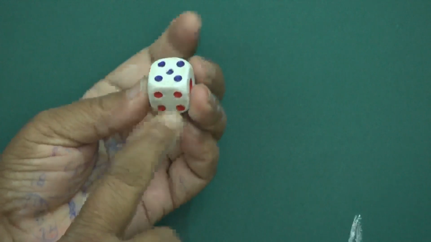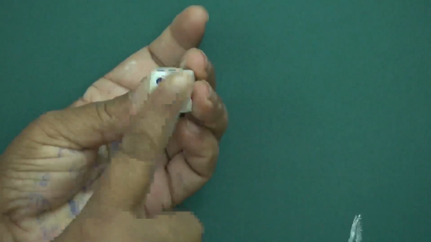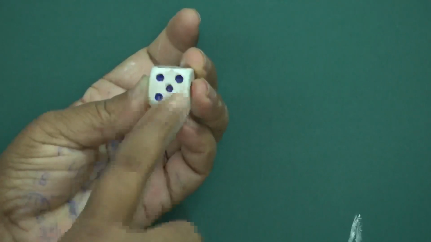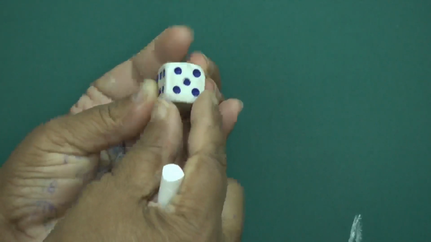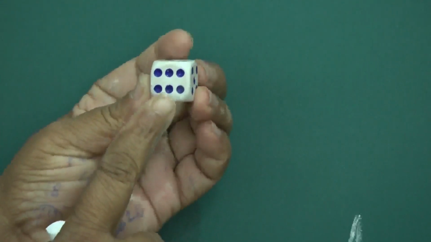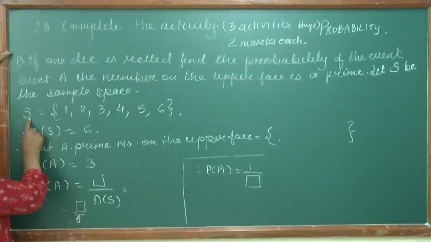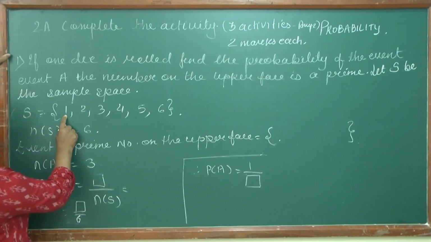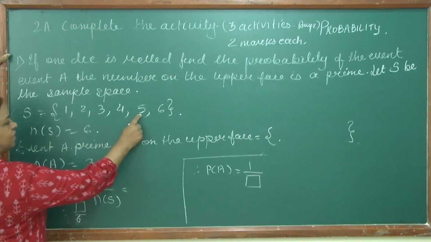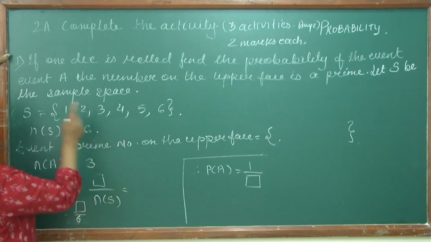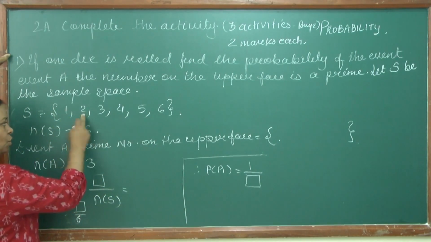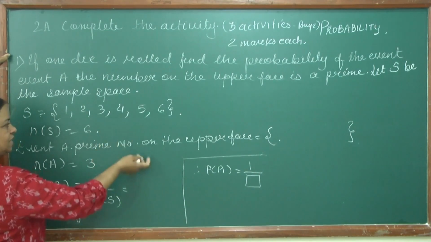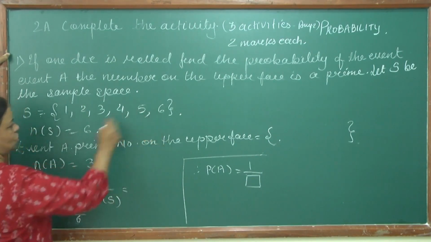Then the fifth face where there are 5 dots, and this is the face where there are 6 dots. So the sample space is 1, 2, 3, 4, 5, 6. Means on the faces there were 1 dot, 2 dots, 3 dots, 4 dots, 5 dots and 6 dots.